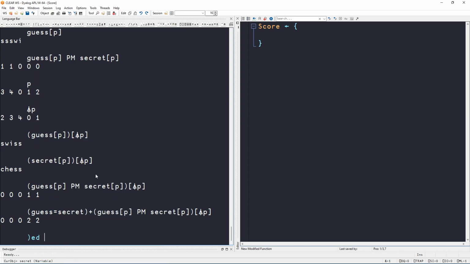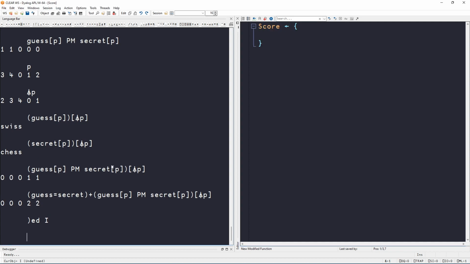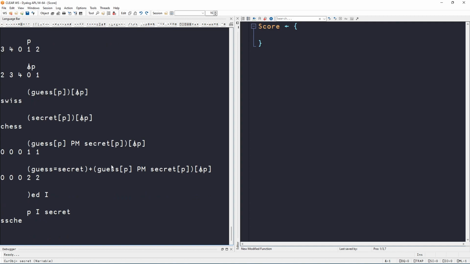Let's write this simple function called I for indexing, and it's just the chipmunk idiom. So this is just a function that takes a series of indices on the left and picks them from the vector on the right. So for example, if I have P, I can index into the secret word, or if I have P, I can index into the guess word.